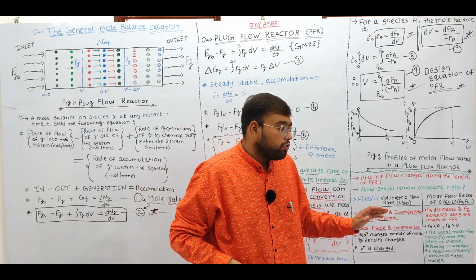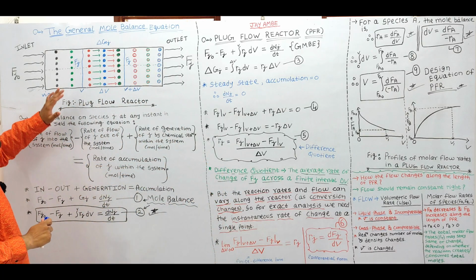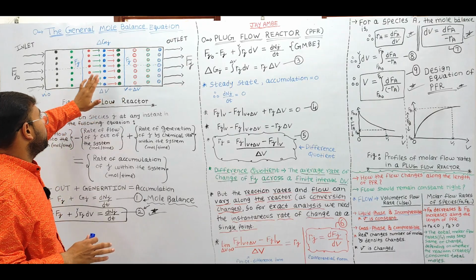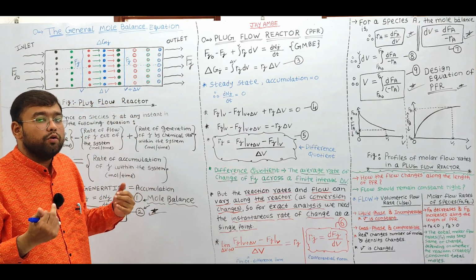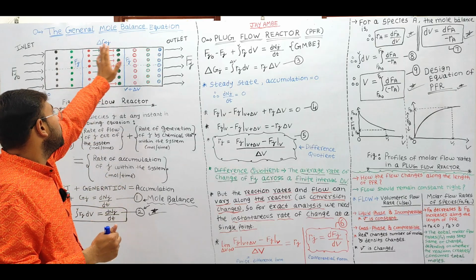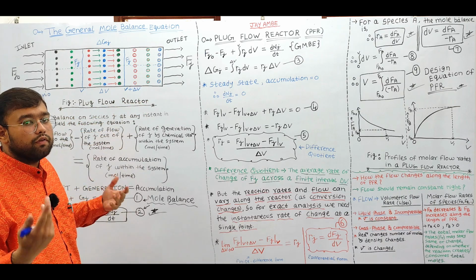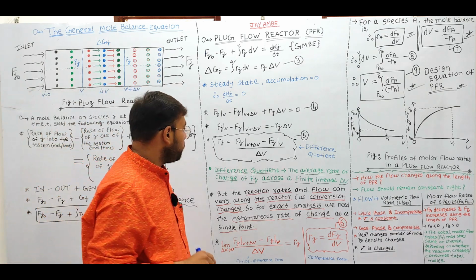And the total molar flow rate means the total moles of reactants and products, which may remain the same or change throughout the reaction, with the progress of the reaction and time, along the length and volume of the reactor. I hope you have understood, right?